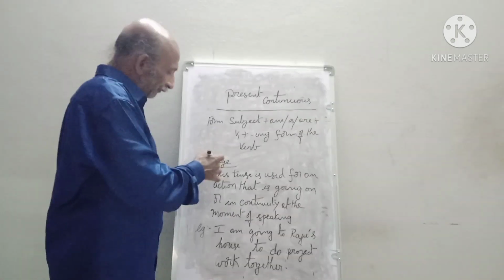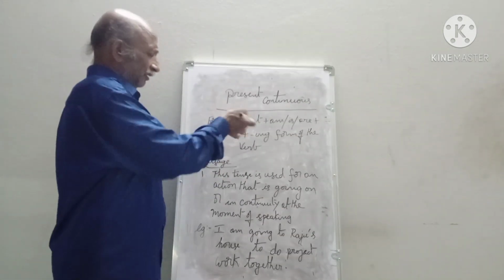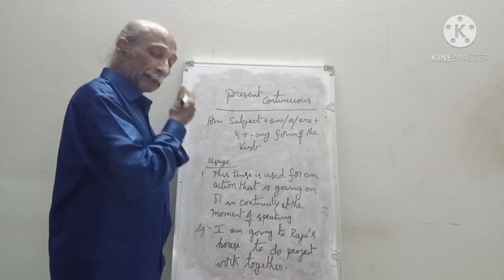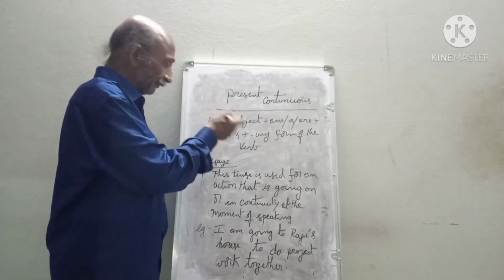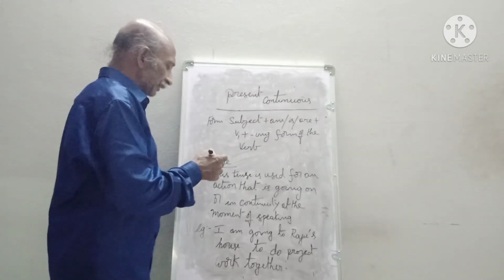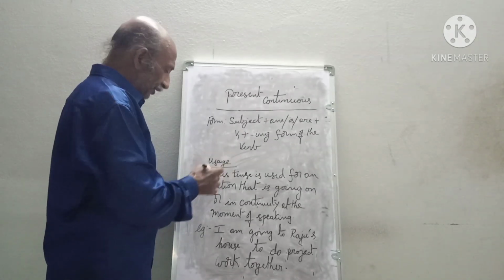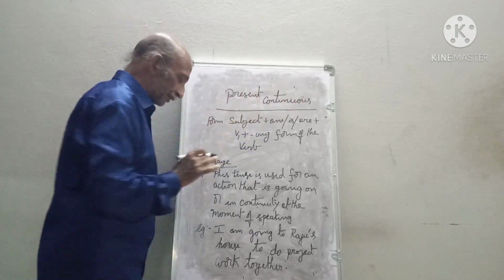Now, I want to explain the usage because all of you are well aware of the form of this verb and also different types of sentences. Now you see, usage. How the present continuous tense is used.